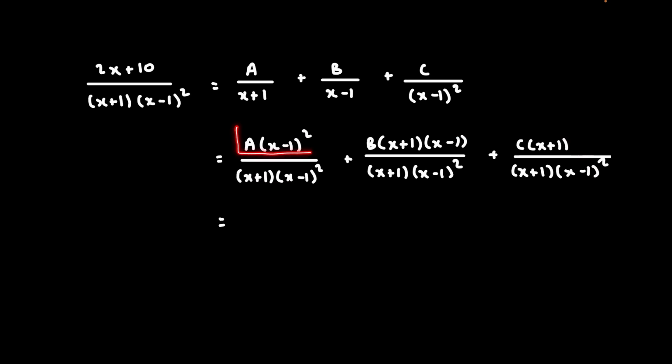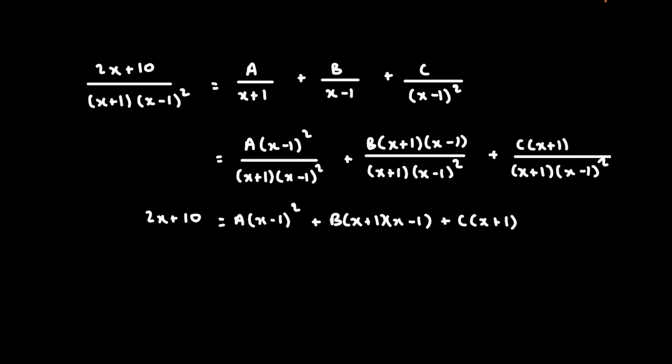I already know that comparing the numerators, they should equal the same thing. So all that means is 2x plus 10 is equal to a times x take 1 whole squared plus b times x plus 1 times x take 1 plus c times x plus 1.